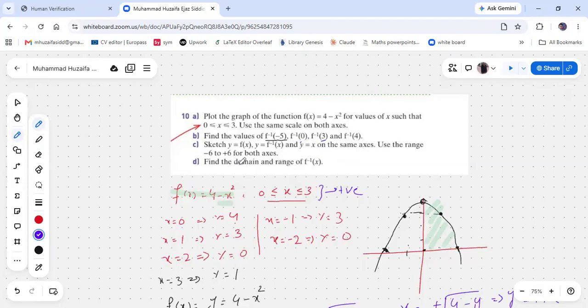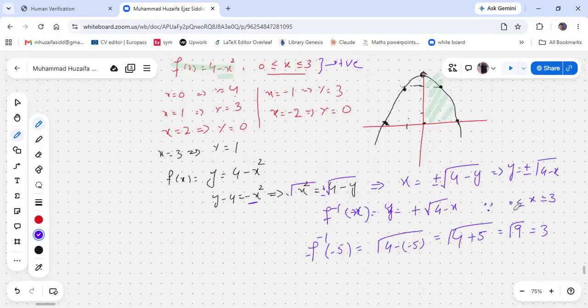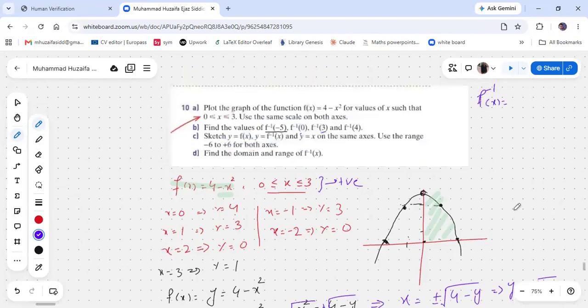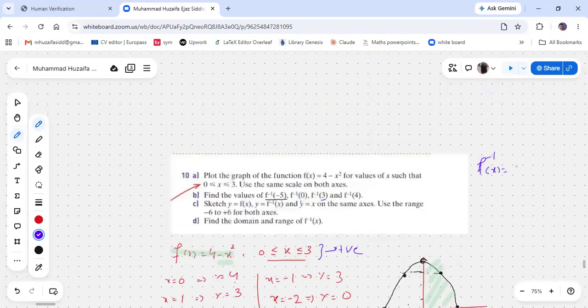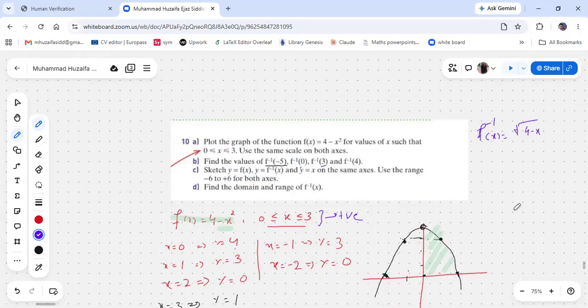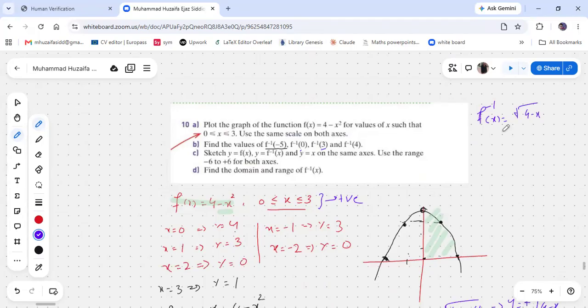Okay. So as we already described the function's graph, now we have the inverse function. What is our inverse function? f inverse of x is equal to, as we already discussed, the square root of 4 minus x. You can describe the function's graph the same way.